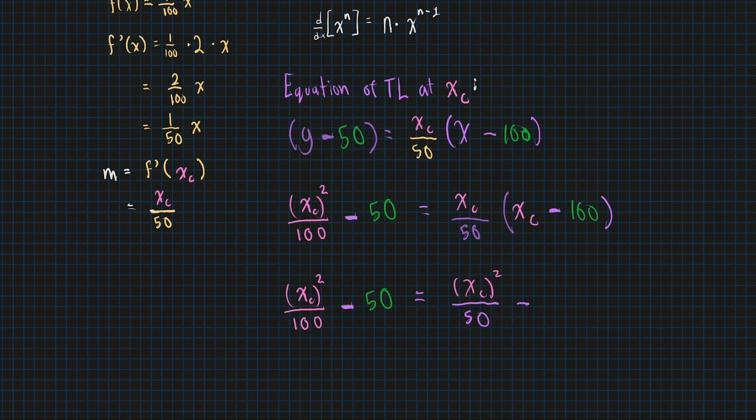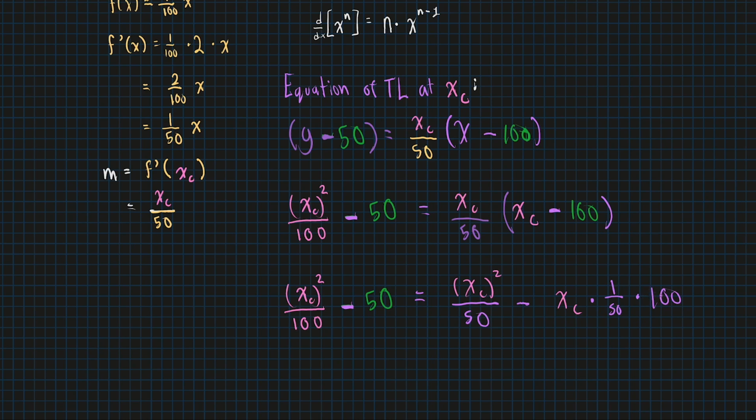And what's x sub c over 50 times 100? Well, if I multiply x sub c times 1 over 50, I get x sub c over 50. And I'm multiplying that by 100. Well, negative 100, but we put the negative out here.